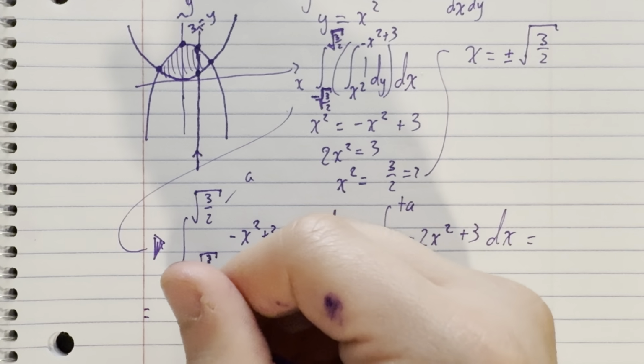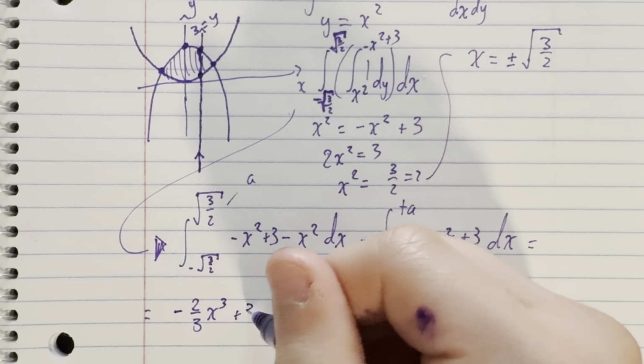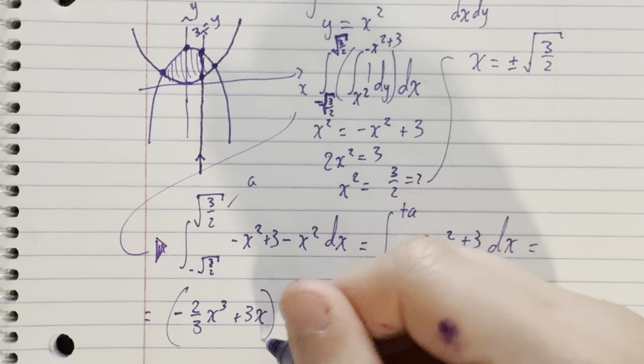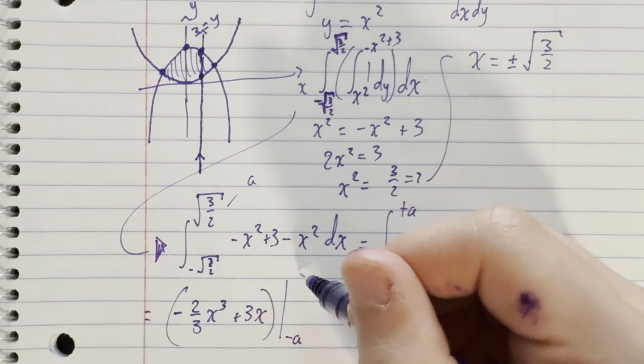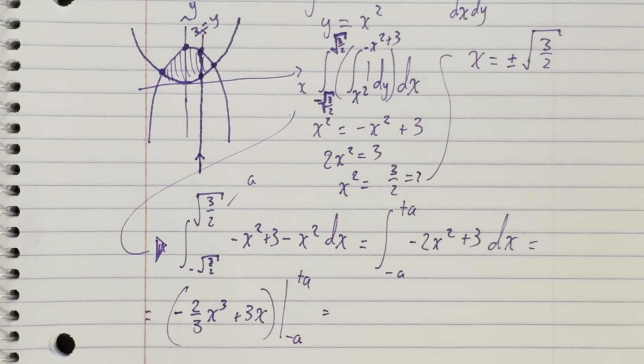And then you're going to get negative 2/3 x cubed plus 3x from negative a to positive a. Plug those values in. That's so ugly.